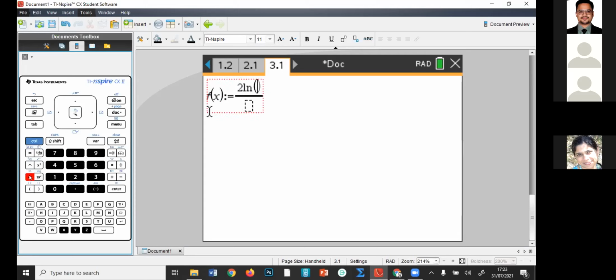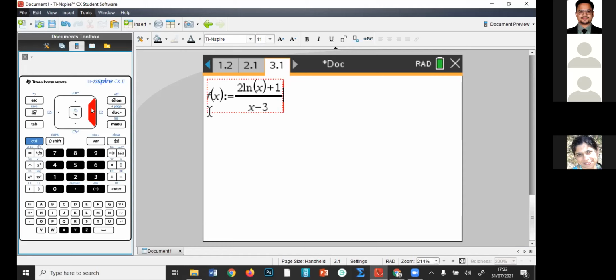Ln is here, and we have a facility of writing, but try using the template as much as possible. Ln(x) out of the bracket plus 1, whole thing divided by x minus 3.